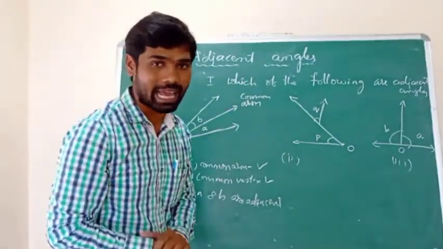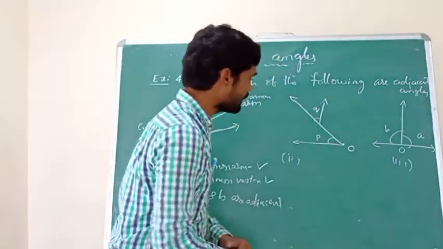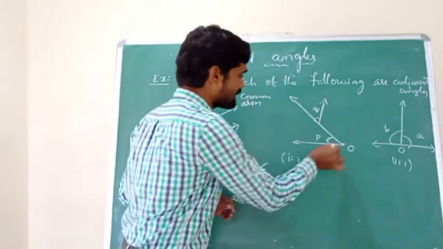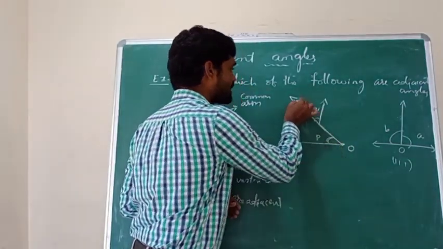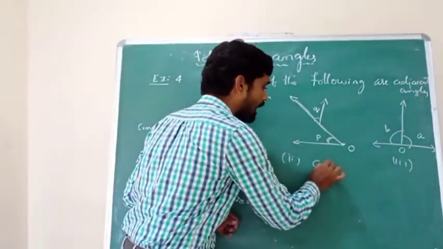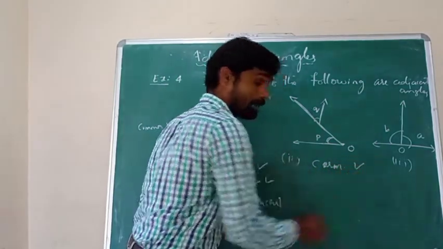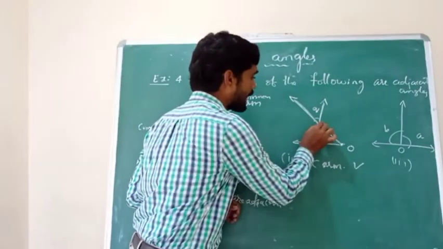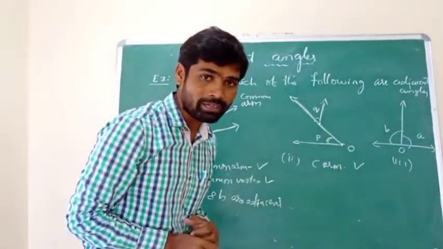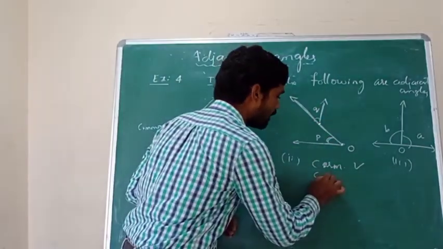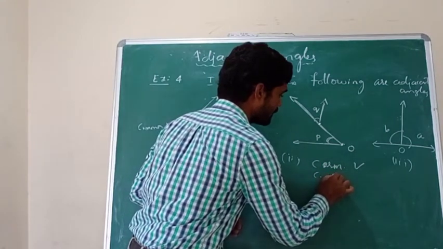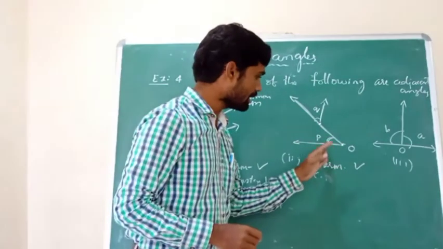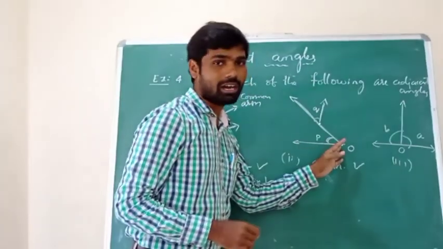Let us see the second figure. Here angle P and angle Q. Two angles are here. We can see clearly this is the arm for both, so we have a common arm. But see the vertex for angle P here and for angle Q here. Do they have a common vertex?